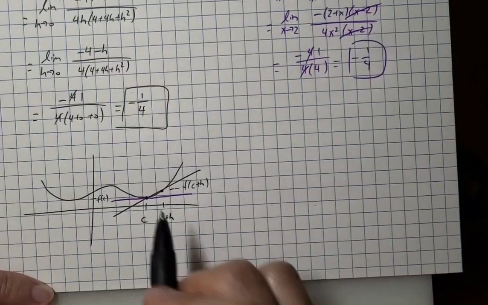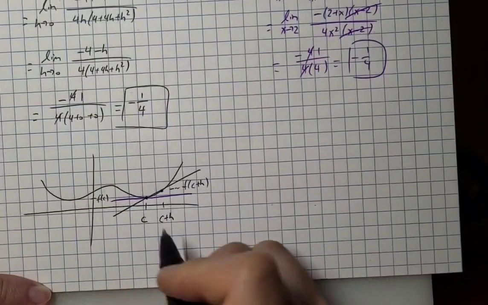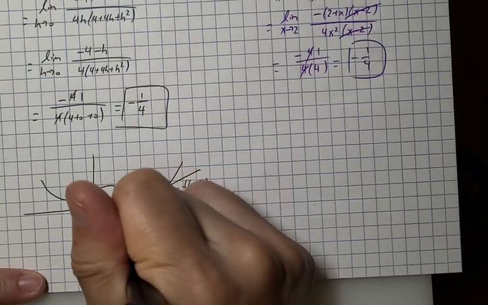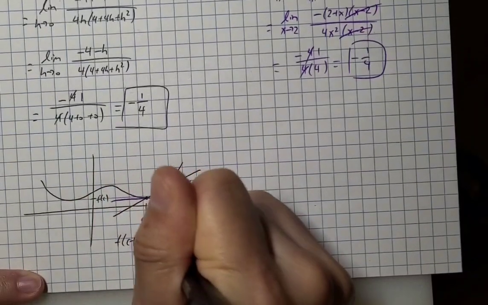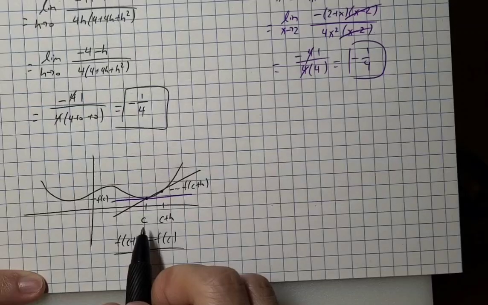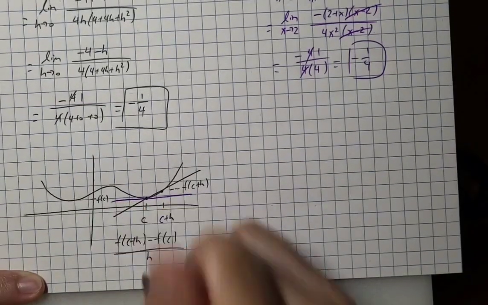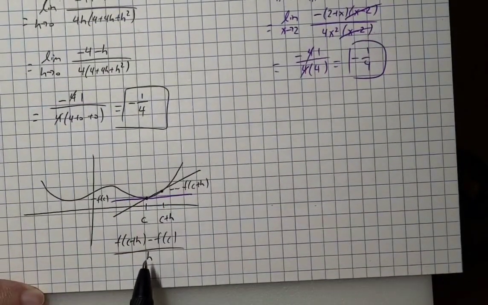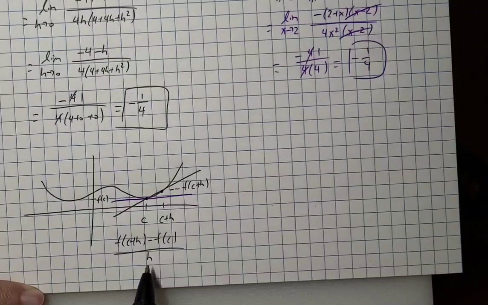Okay, so what is the slope of this black line, black linear line over here? Change in y over change in x. F of c plus h minus f of c over c plus h minus c. That is just h. It's just a slope. Change in y over change in x.